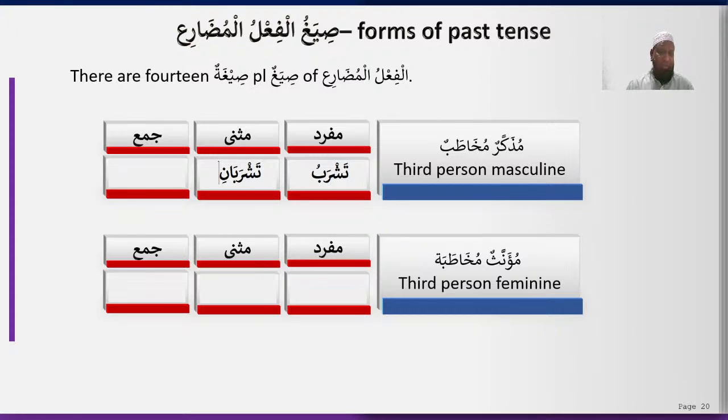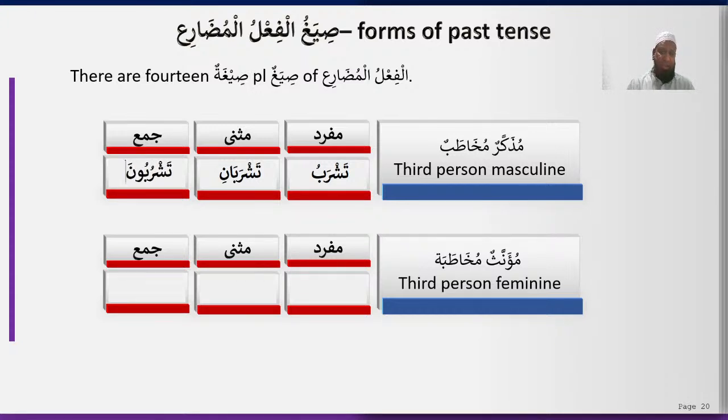Sorry, the noon kasra is not to show مثنى, but the noon that comes in the مثنى siga is kasra. Alif is to show مثنى. Then jama تشربون.